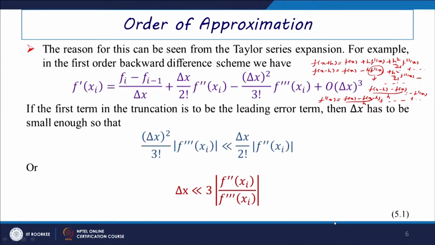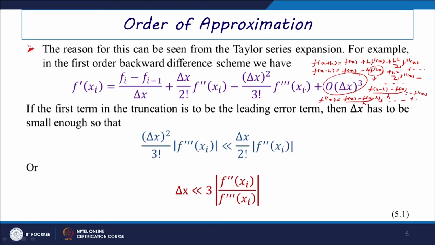So we write f dash of xi is nothing but f of xi minus f of xi minus 1 divided by del x, plus del x by 2 factorial f double dash of xi, minus del x whole square by 3 factorial f triple dash of xi, plus order of delta x cube terms. After this term comes the coefficient of the fourth derivative.